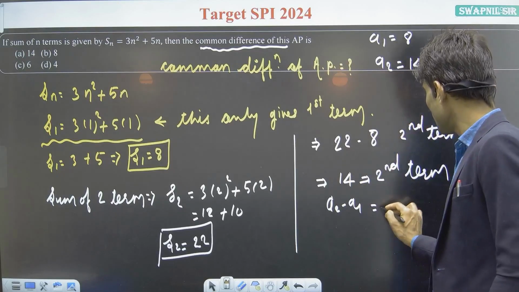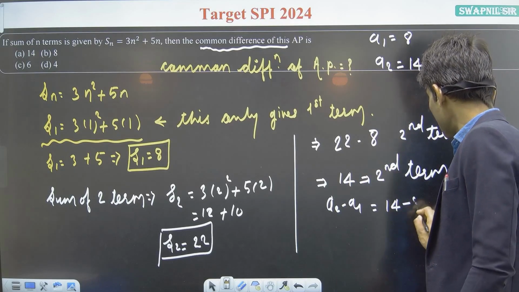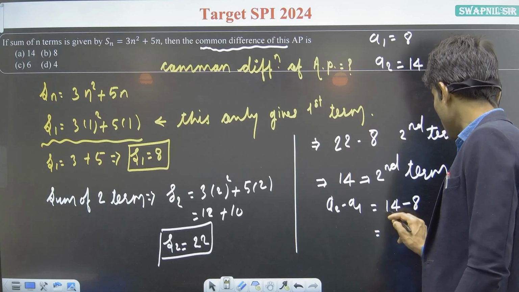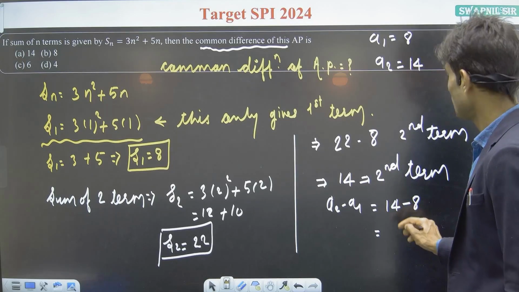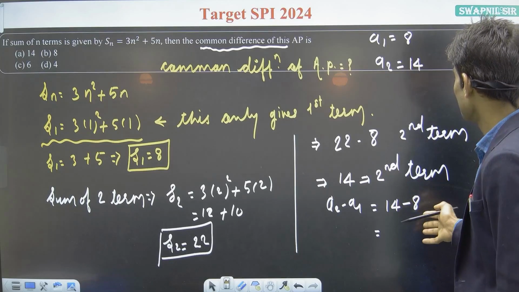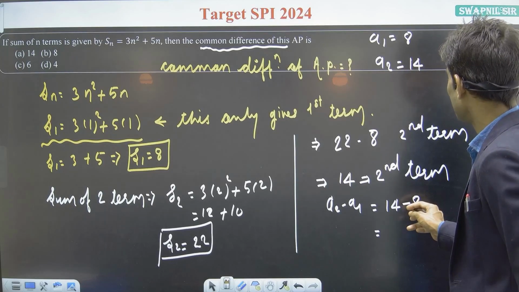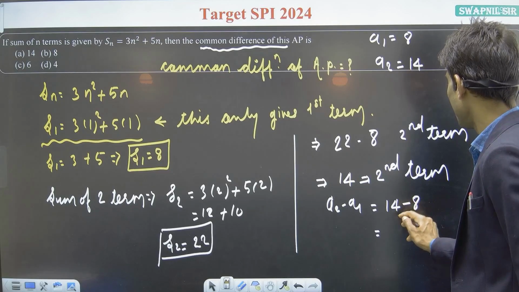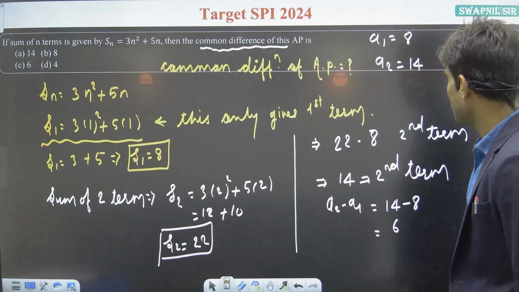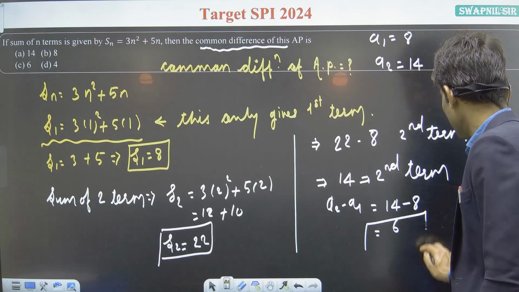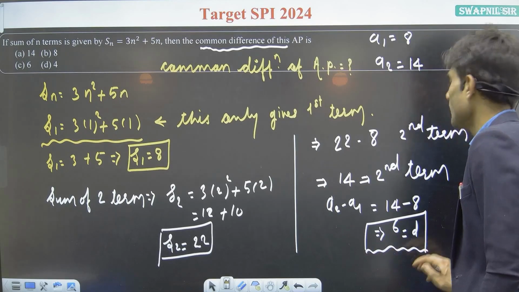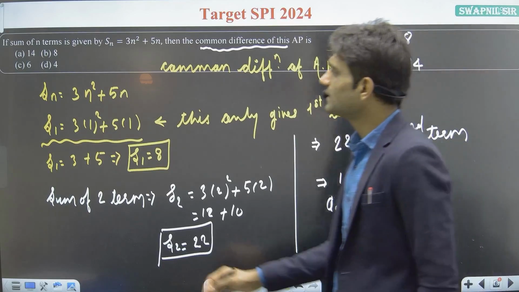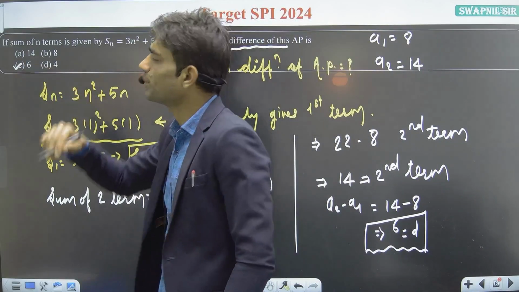So A2 minus A1 means 14 minus 8, which gives us 6. So the answer is our common difference D, which is equal to 6, given in option C here.